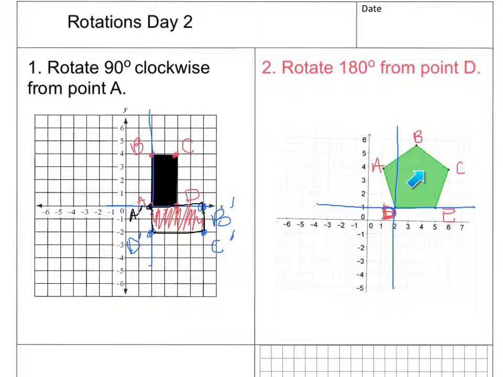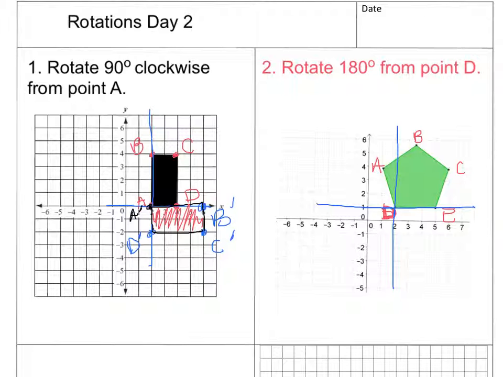If I were to rotate this figure 180 degrees, doesn't matter if I go counterclockwise or clockwise. In the end, it's going to be upside down in this area. So I just want you to think 90 goes this way, then another 180 goes all the way around. So 90 degrees would end up here clockwise. 180 goes here. If you were to go counterclockwise, 90 degrees counter would be in this area. So 180 is down here.